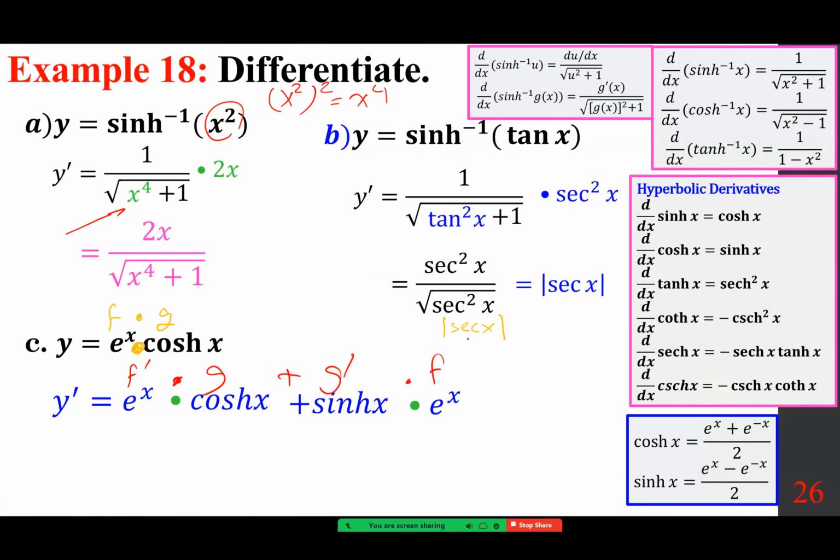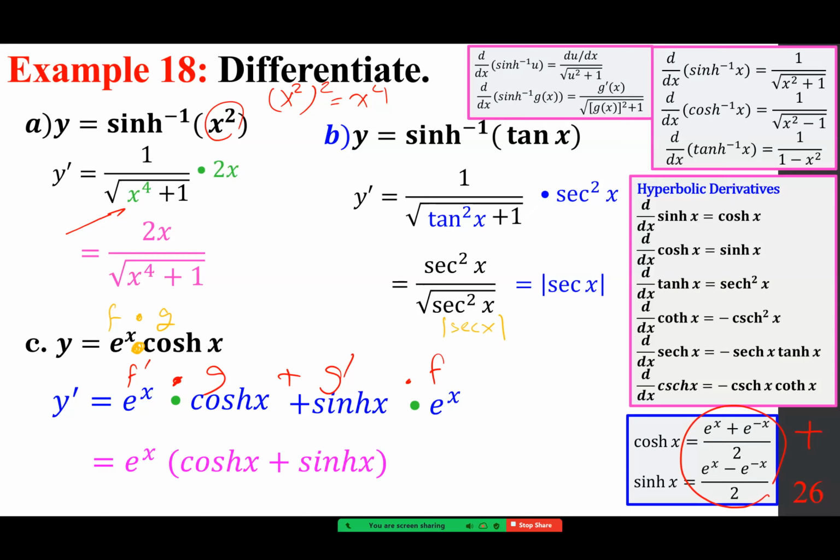We can factor out the e to the power of x. Now you may notice if you add these two, e to the power minus x and e to the power minus x cancel each other with the negative sign.